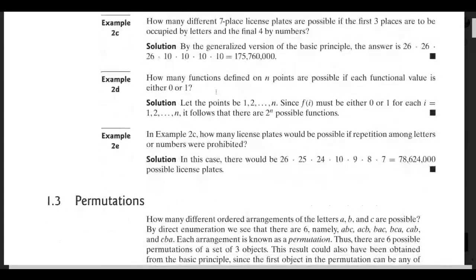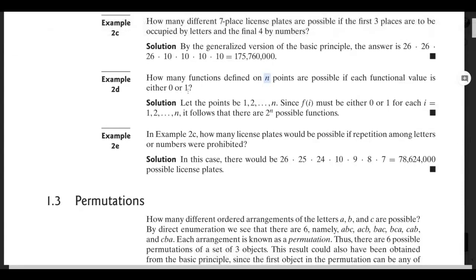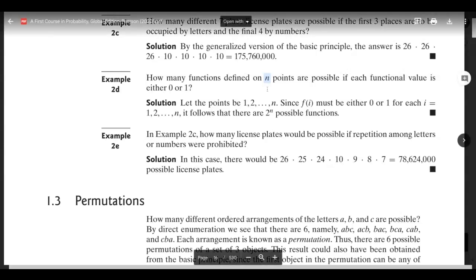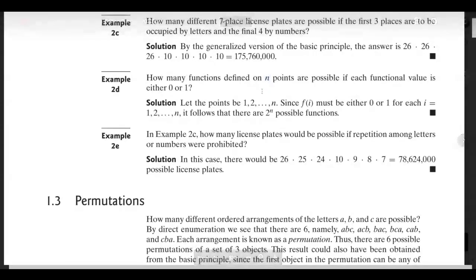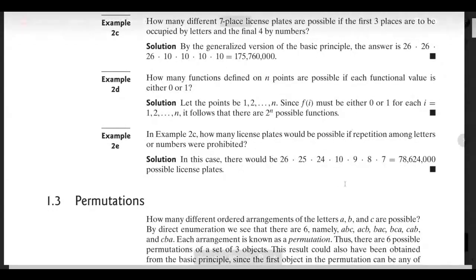Let's see 2d. How many functions defined on n points are possible if each function value is either 0 or 1? So that means in the domain we have n points, right? But for the function value, the range, we only have 0 and 1.